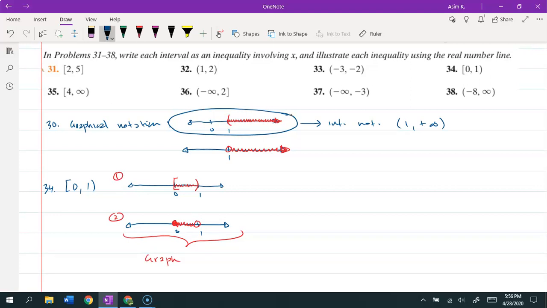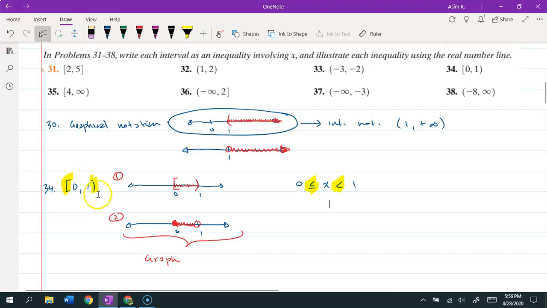Now the inequality notation for this is only one. You put an x in the middle, you put a less than or equal to on the left side and put a 0. You put a less than on the right side and put a 1. Please realize that the left bracket is what caused that equal sign to occur, and the right parenthesis caused the equal sign to not occur.